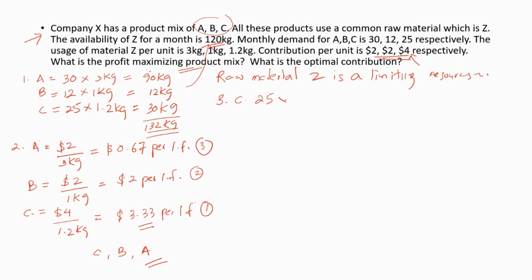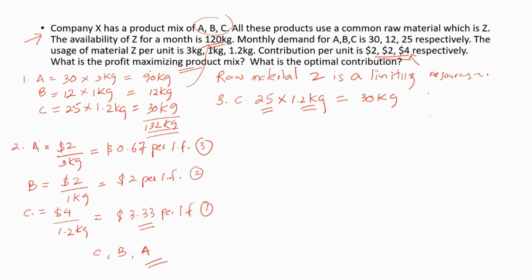We need 1.2 kilograms of the limiting resource to produce one unit of product C. This is equal to 30 kilograms.